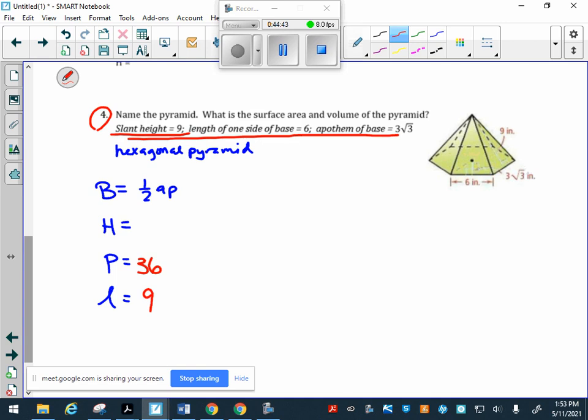Okay. Area of the base, 1/2 apothem times perimeter. Well, they tell us the apothem is 3√3. And the perimeter is, we just said 36.